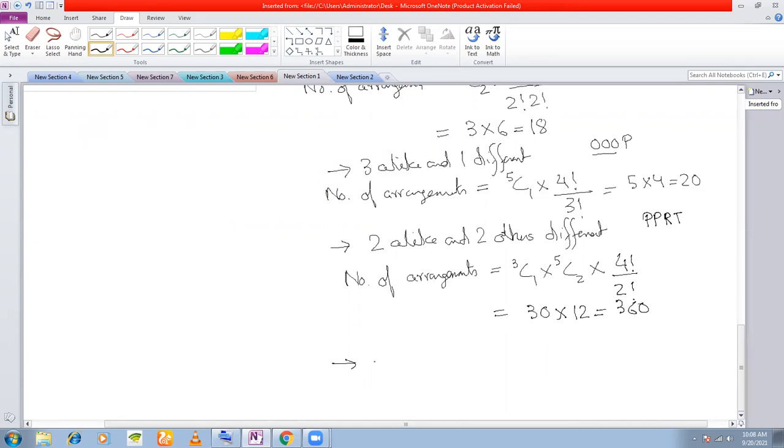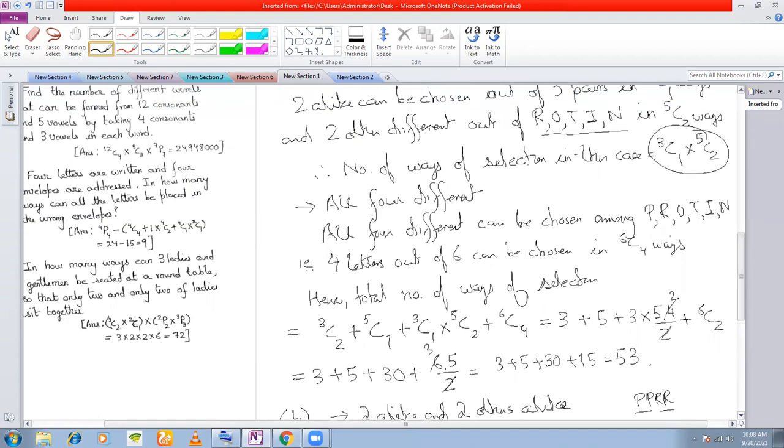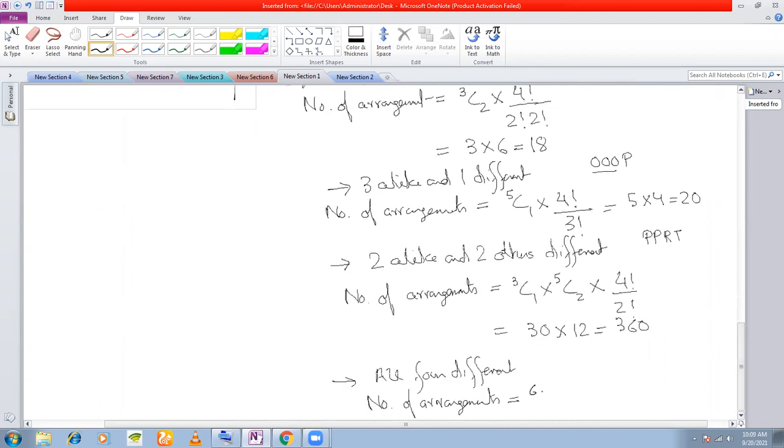And the last case, all four different. Number of arrangements is equal to how many ways of selection first? 6C4.